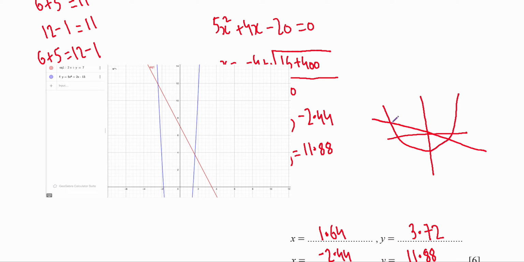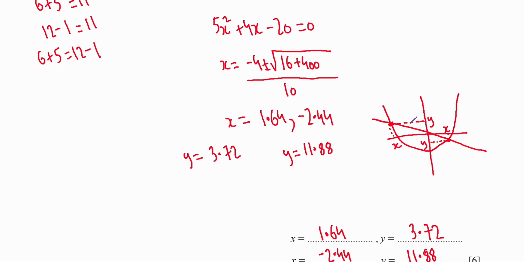What you're really doing is finding this point right here and this point right here. For this point, you're reading off this x value and this y value. And for this point, you're reading off this x value and this y value. That's why it's important that you match them correctly, because if you did this x value with this y value, that would not make any sense, because that's not where the line intersects the curve.